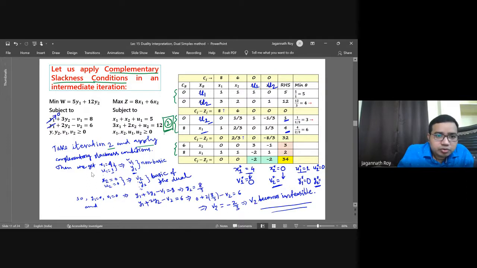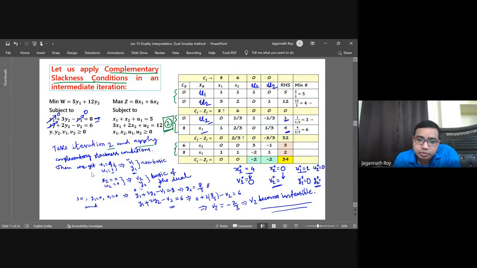So this is 0, and v1 is 0. From the first equation, we have 3y2, so if you put 0 here and 0 here also, y2 equals 8 by 3.